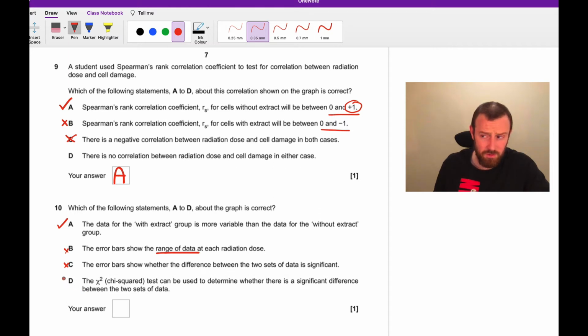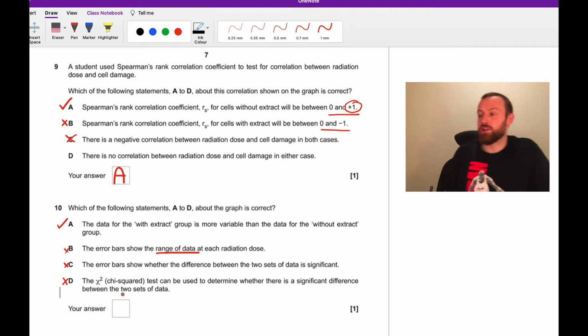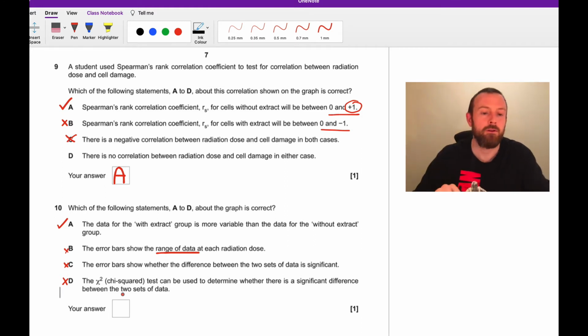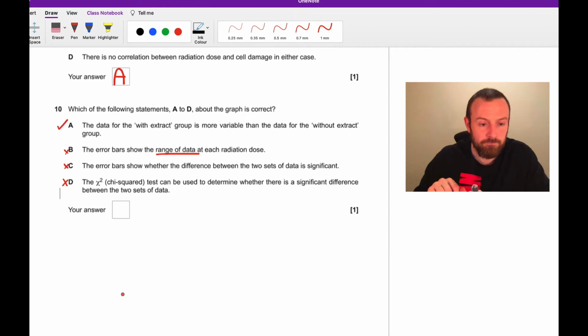That's also wrong, because chi-squared is about looking at the difference between the observed and the expected data. You expect one thing, but then you observe something else, and you ask whether it's totally different or close enough. All right, moving on.